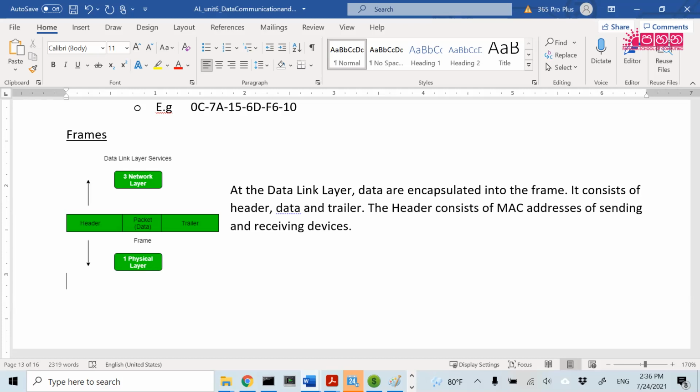Now, if you talk about the bus topology, in a bus topology you have a single line, right? You have a main wire, and then you can send messages in a bus topology.